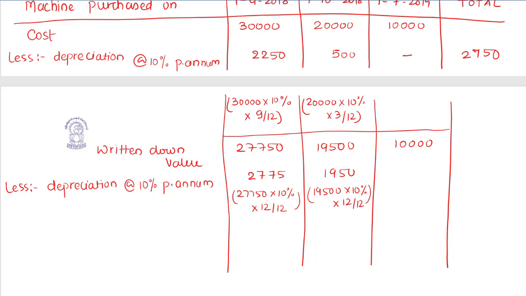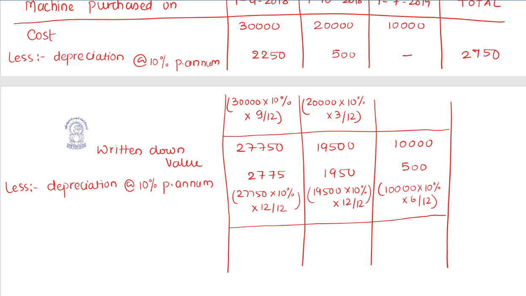And over here for 6 months, we need to do the calculation: 7, 8, 9, 10, 11, 12. So for 6 months, 10,000 multiplied by 10% multiplied by 6 by 12. This is 500.